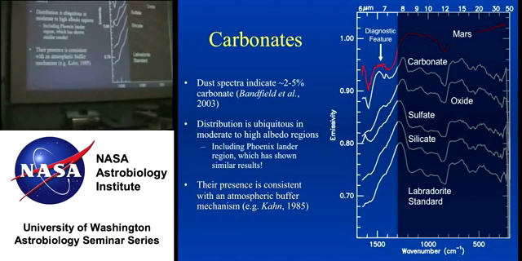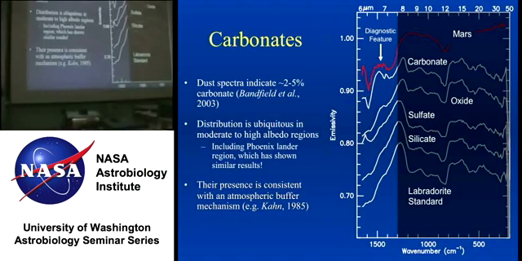So one thing about the presence of carbonates, and I was arguing with Conway last week about this, but I like to push the whole atmospheric buffer mechanism. Essentially, if you have a carbon dioxide atmosphere and you have other unweathered materials, what you're going to do is draw down the CO2 from the atmosphere when you weather those materials to form the carbonates. And that mechanism will proceed until liquid water is no longer stable, and then that will shut off or slow down considerably.